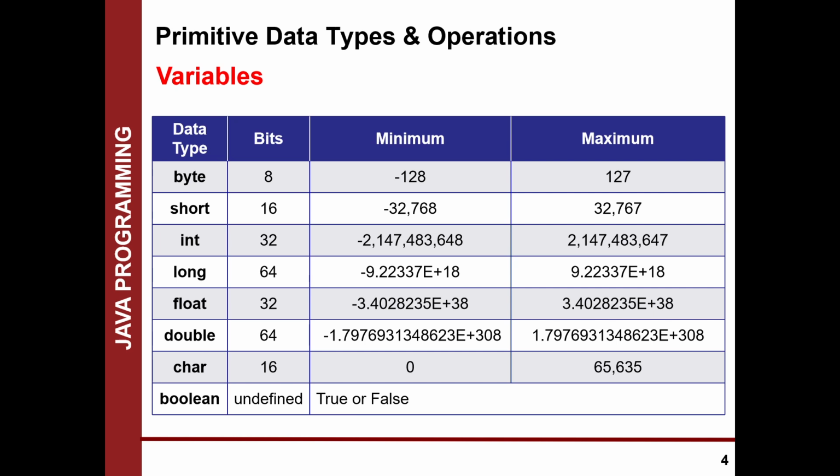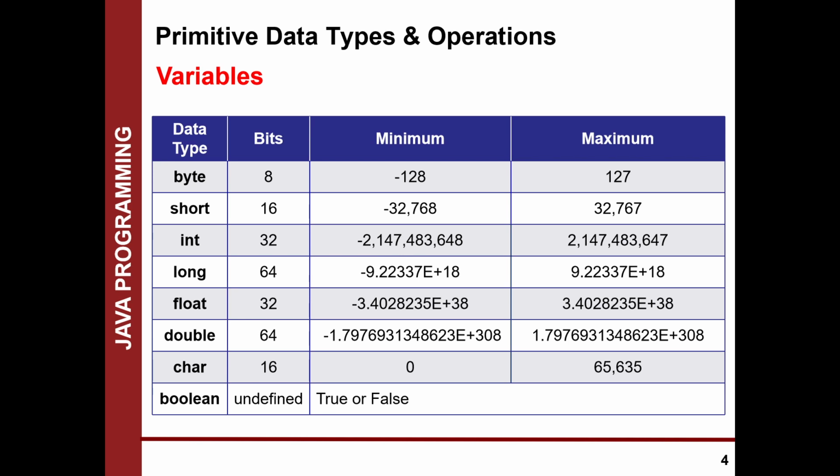One thing is, when you declare a data type, or you tell the computer the data type of your variable, the computer will now determine the memory space to leave for that variable.